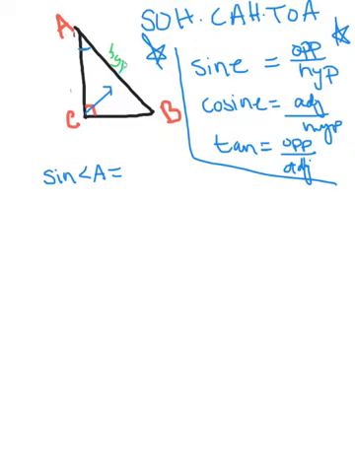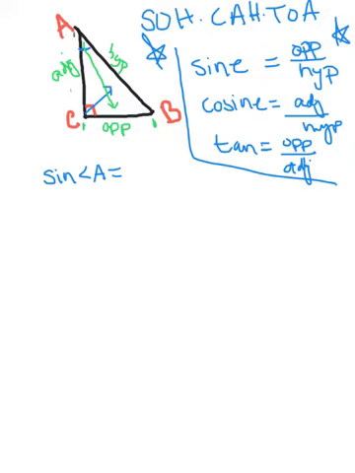Then the side length that does not touch angle A, from C to B, is opposite the angle, so we say this is opposite. And from A to C is adjacent. So there I have my sides made up.